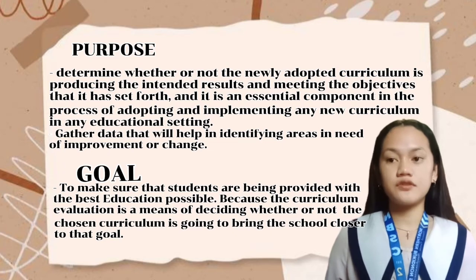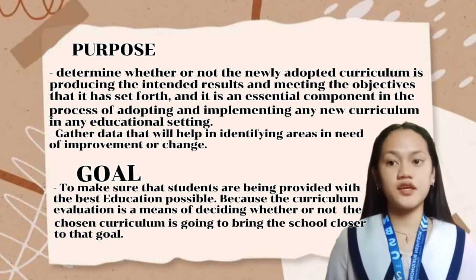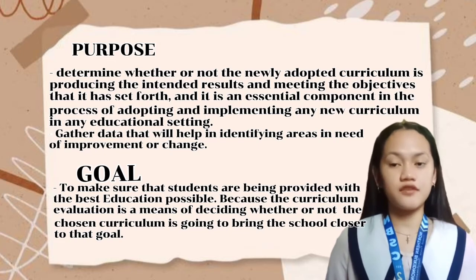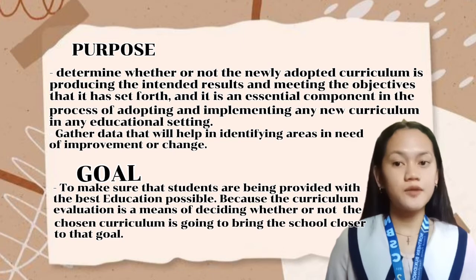Its purpose is to determine whether or not the newly adopted curriculum is producing the intended results and meeting the objectives that it has set forth, and it is an essential component in the process of adopting and implementing any new curriculum in any educational setting. Also, it gathers data that will help in identifying areas in need of improvement or change.